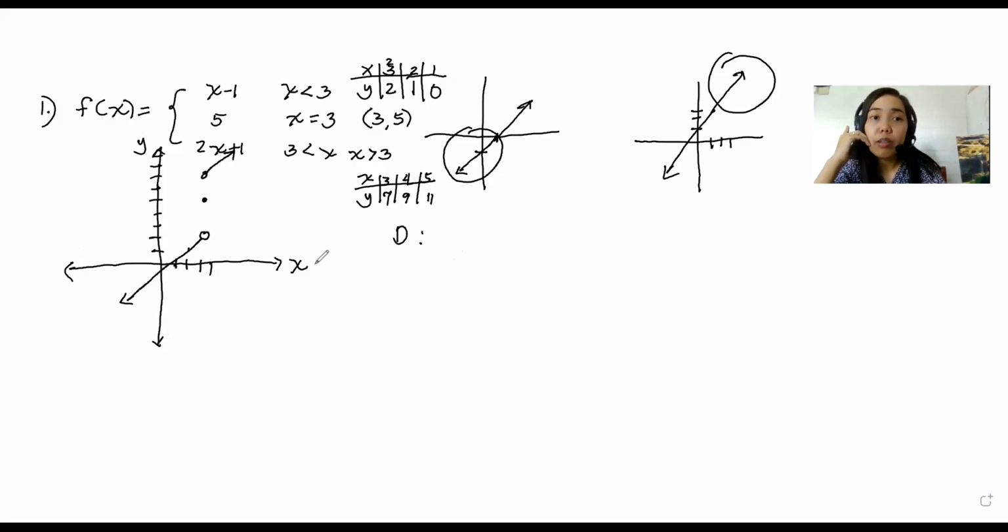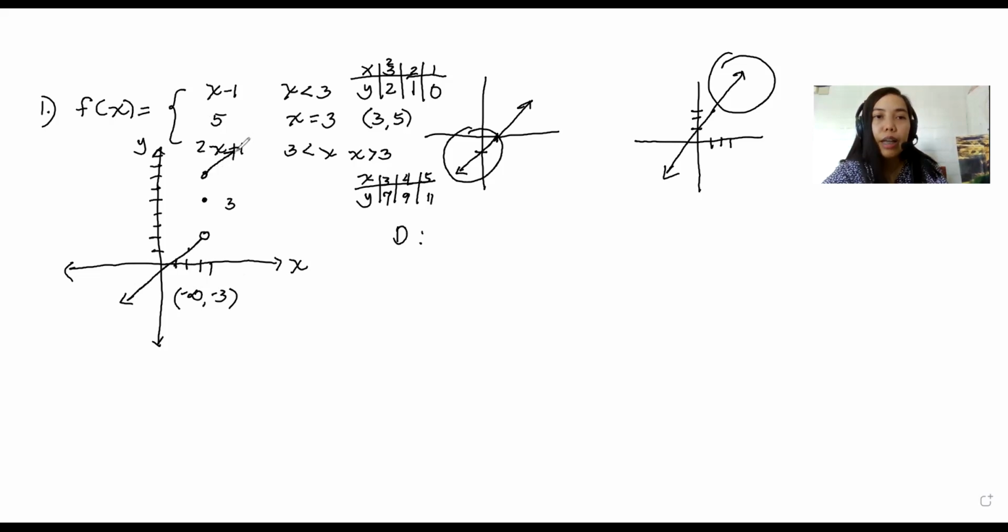So it's negative infinity up to 3, but it's open at 3, the domain for this line. And we have here the domain is 3. So again, when we draw a vertical line, it's okay. When we do the vertical line test, only one point touches there, so still, it's a function.